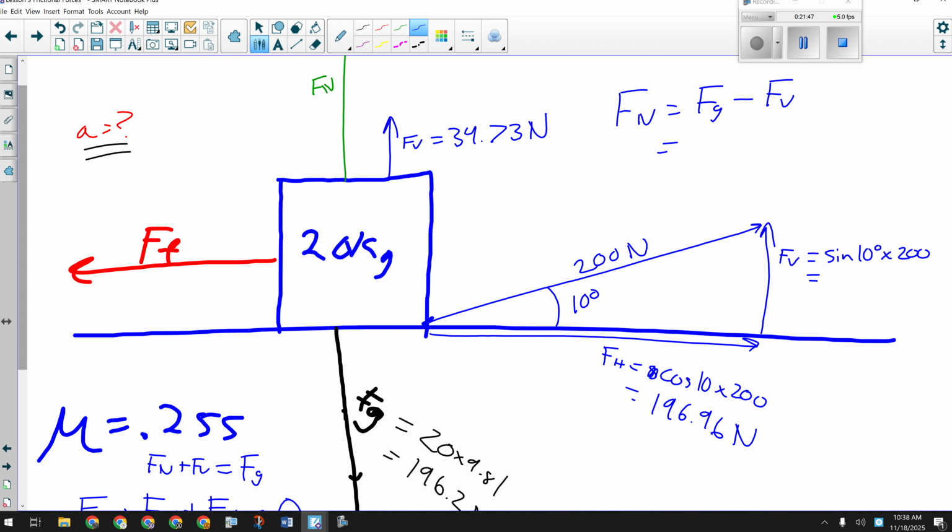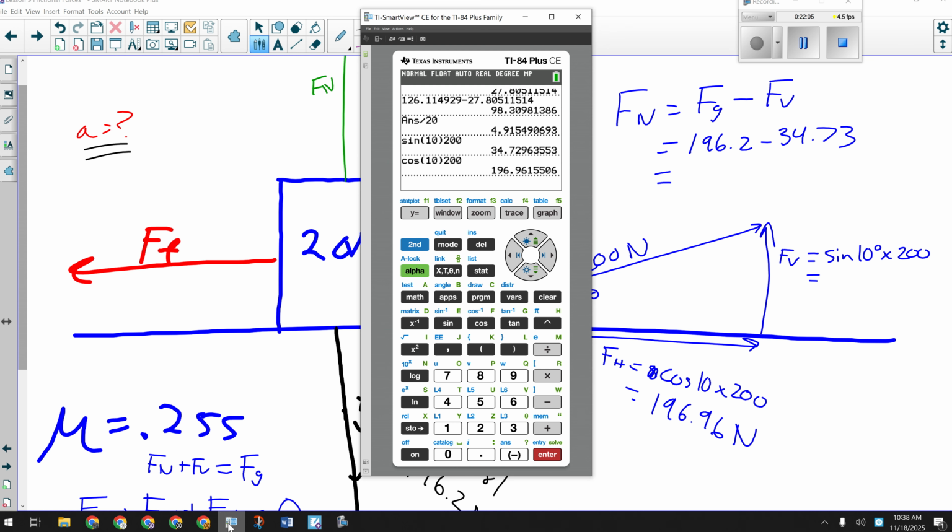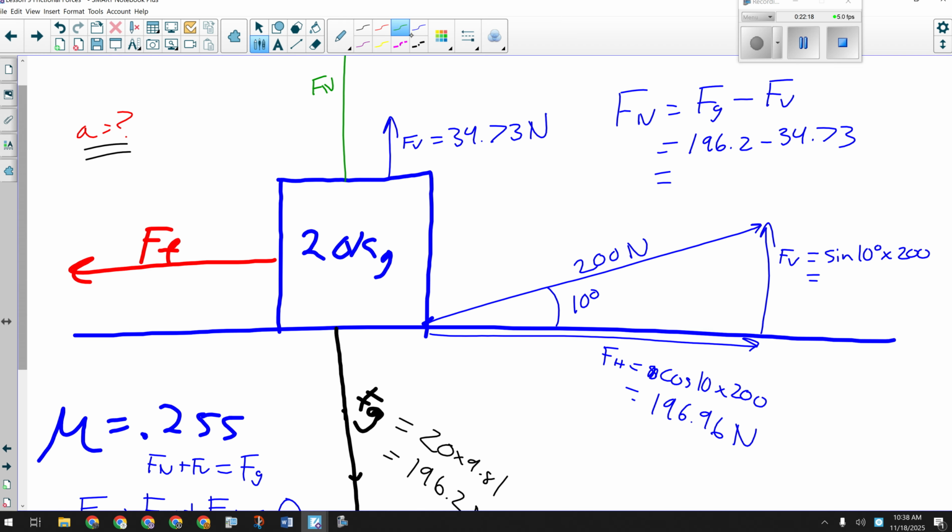Okay, whatever is left is how much of the weight of the box is still sitting on the floor, not being supported by the upward part of that 200 newtons. All right, so 196.2 minus the 34.73. Okay, so there's 161.47 newtons of normal force.